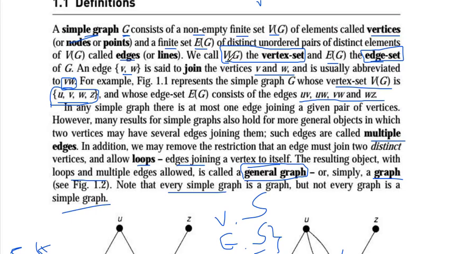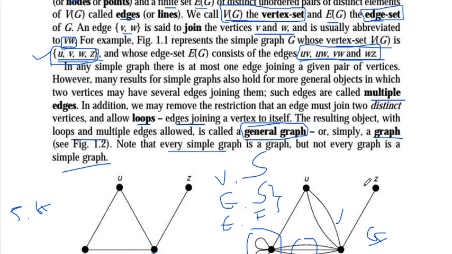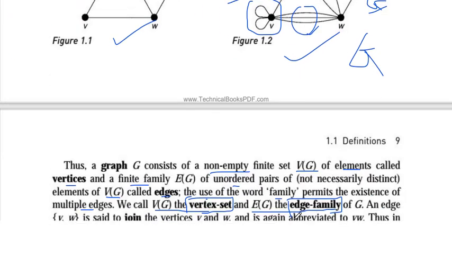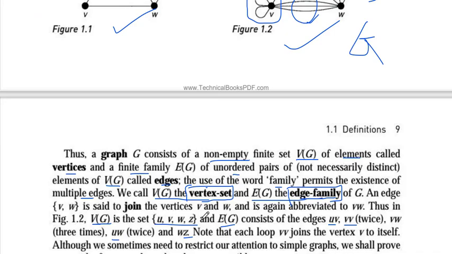Then all the elements of any graph are called the vertex set. We write it in brackets, and in brackets the edge set. Or if it has multiple edges, then we have an edge family.